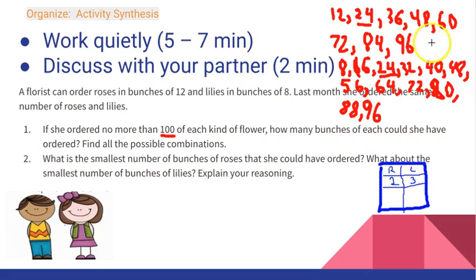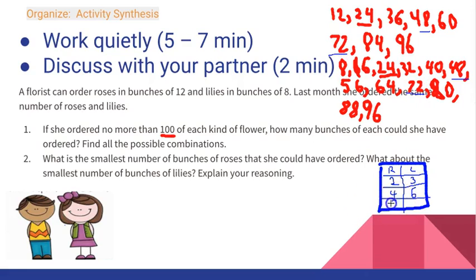What else do we got the same here? Yeah, it looks like 48, right? Let's see, 48 takes 4 bunches of roses and 6 bunches of lilies. Any others here? Looks like 72, right?